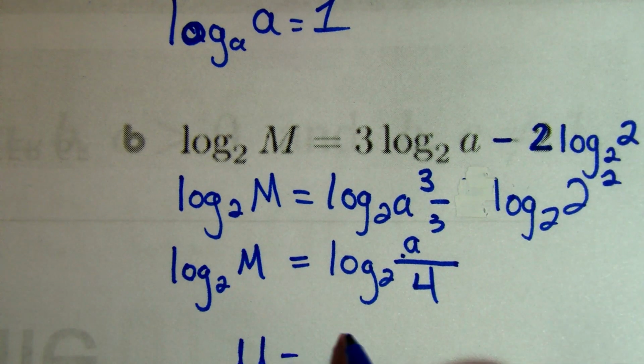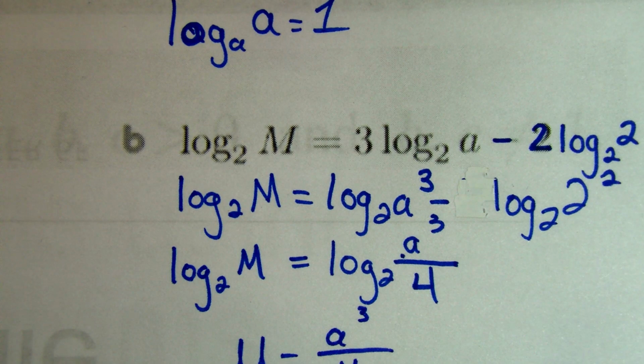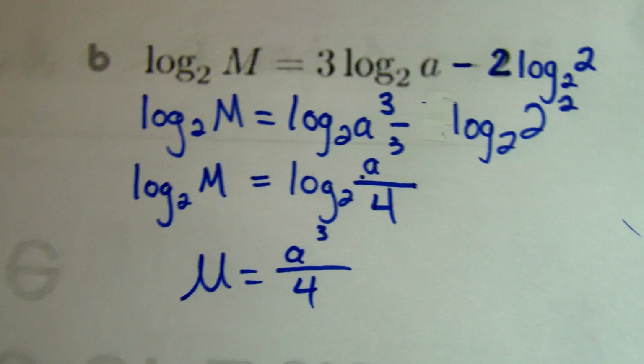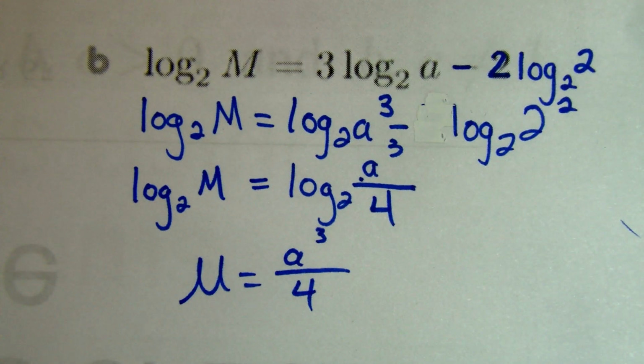So m is equal to a cubed over 4. Any questions? Yeah, Trinity. Yeah, give me a second.